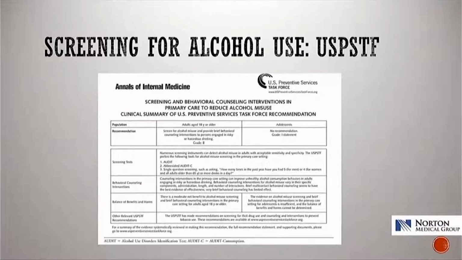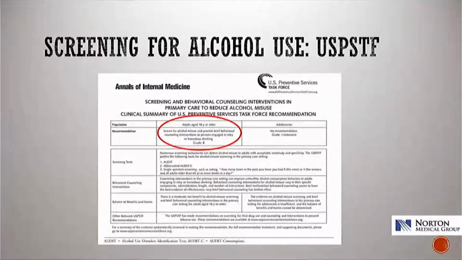So this is for alcohol. This is the recommendations by the USPSTF, and this has not changed. This is a B recommendation in terms of screening. So adults 18 and older should be screened for alcohol use. And again, a B recommendation means that there's at least moderate evidence to support a clear benefit in screening.